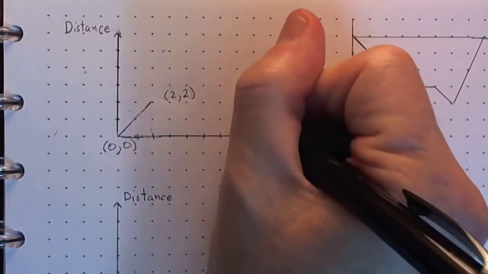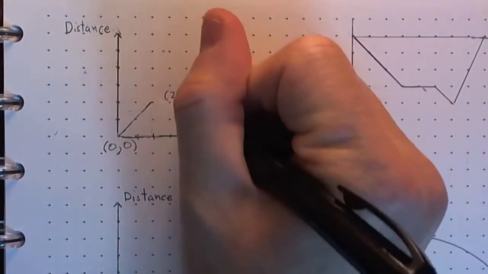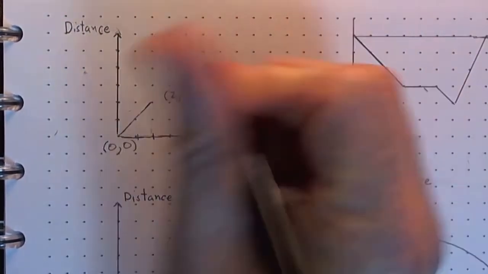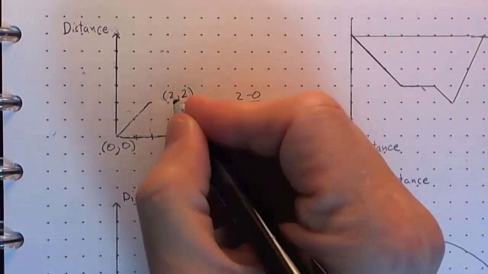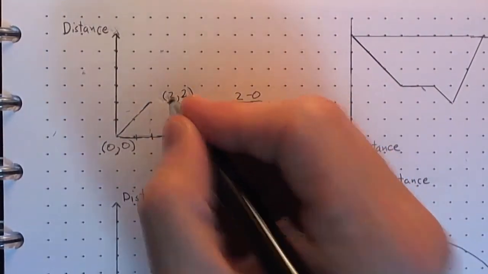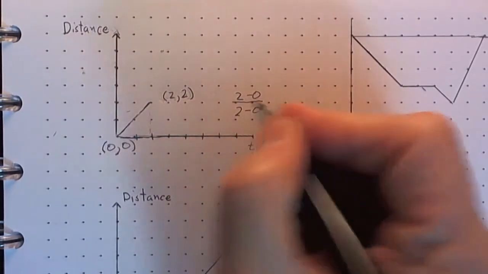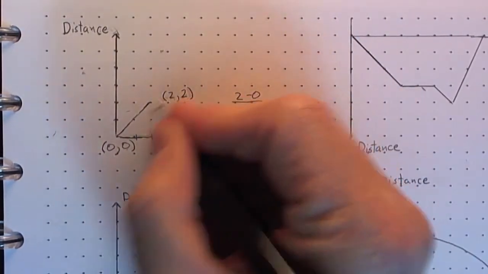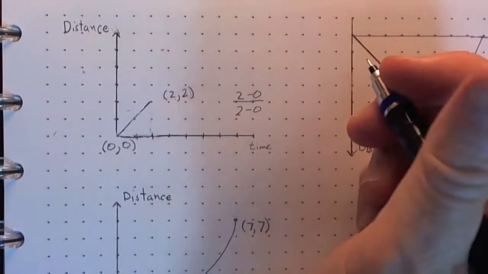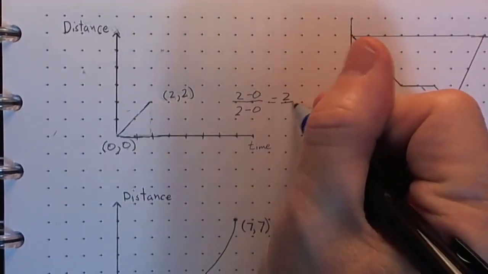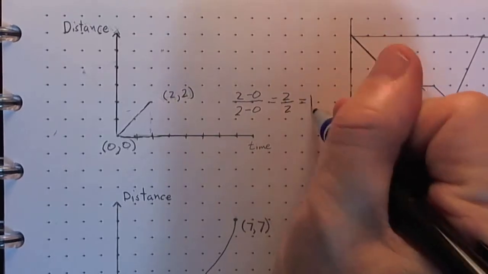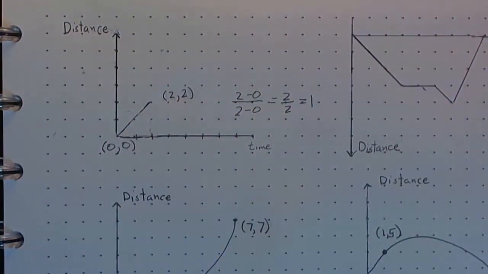Take the change in distance, 2 minus 0, over the change in time. Difference of the y's over the difference of the x's. Rise over run. So you get 2 over 2, which equals 1. So you were going 1 mile an hour.